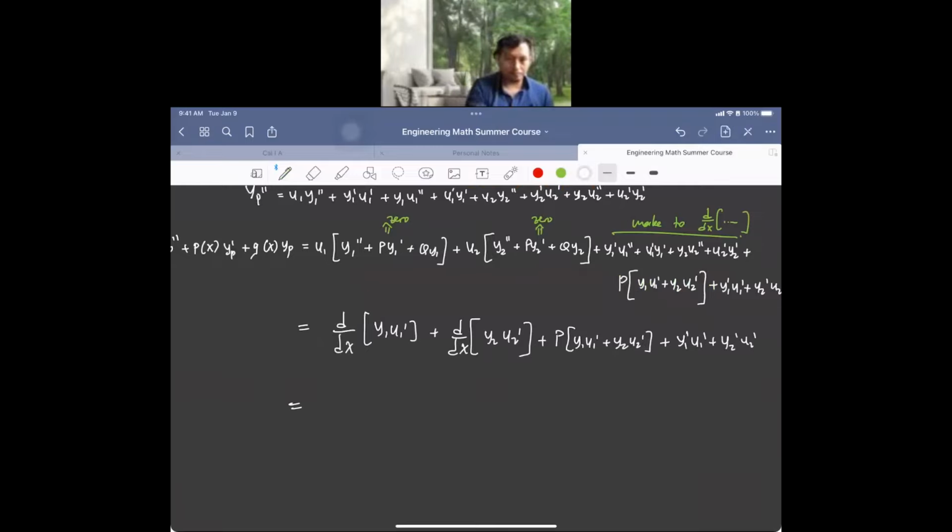And then we can combine, and plus p, and plus this part.